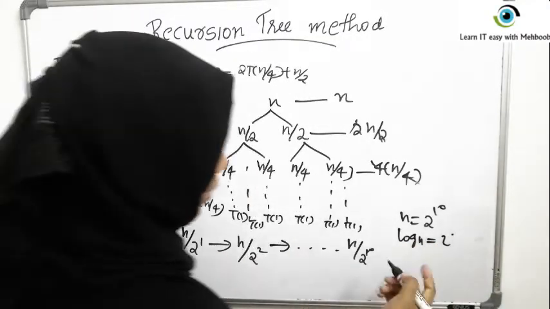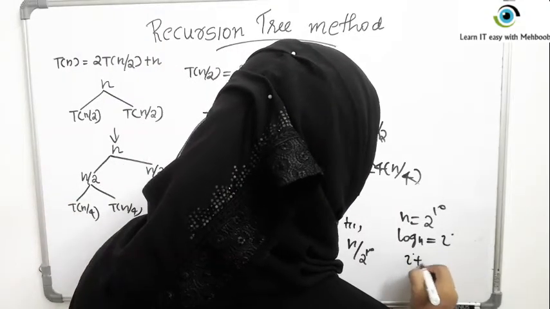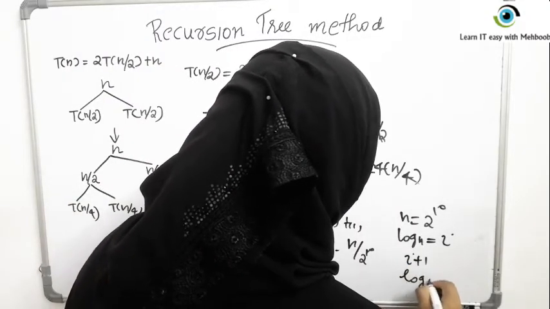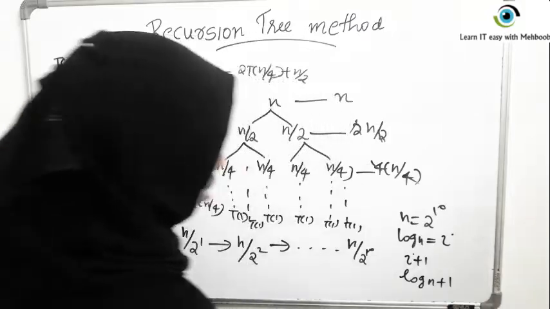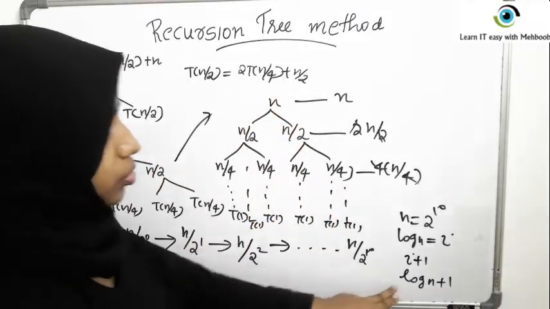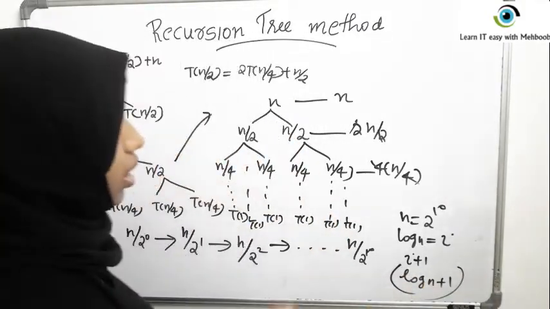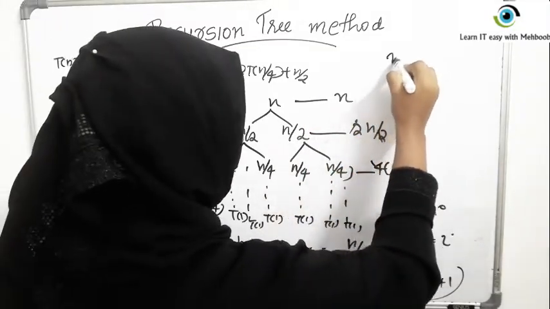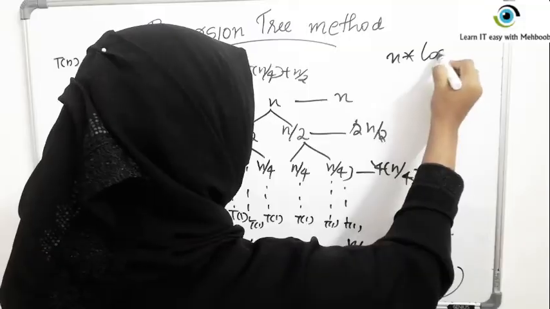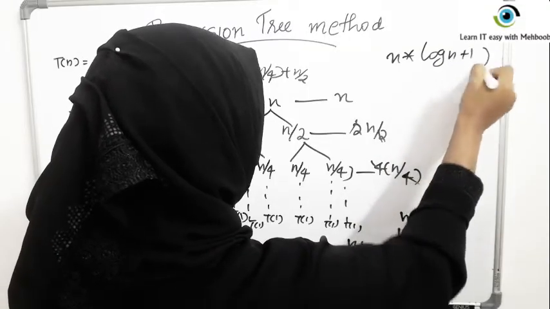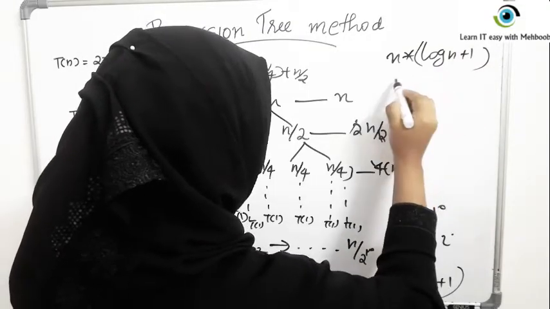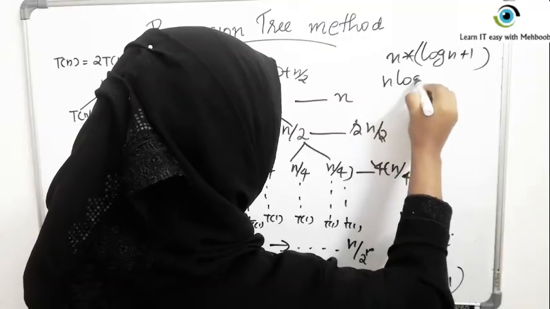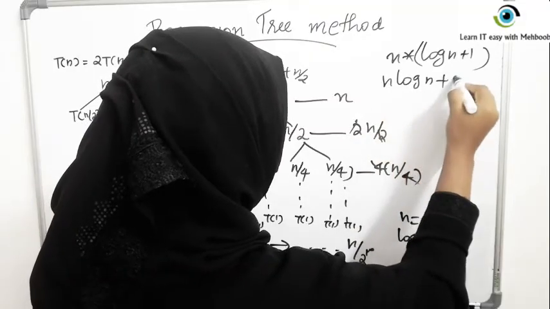So from 0 to log n, that is log n plus 1 levels in total, and at each level the complexity is n. So the total complexity is n into log n plus 1, isn't it? When you take the brackets out, it will be n log n plus n.